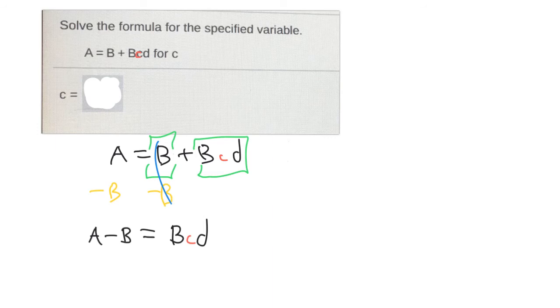You have to do the inverse operation if you want to get rid of that b, which means we have to divide both sides of the equation, and that means the entire side, each side. We have to divide by this b, and in doing so, we would cancel those b's, okay?